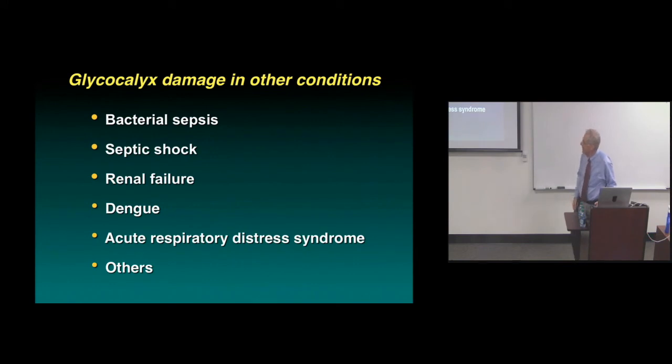So it's been shown in a few other situations that there can be glycocalyx damage. Bacterial sepsis, septic shock, renal failure, dengue is the most recent disease that might be close to what we're looking at. Acute respiratory distress syndrome, the people at Denver have studied this. The man leading these studies is a pulmonologist and an intensive care unit doctor.